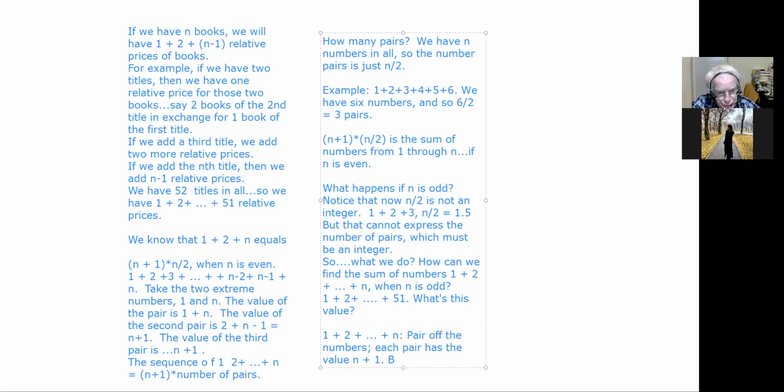But n divided by 2, the number of pairs, doesn't make any sense. It's not an integer.